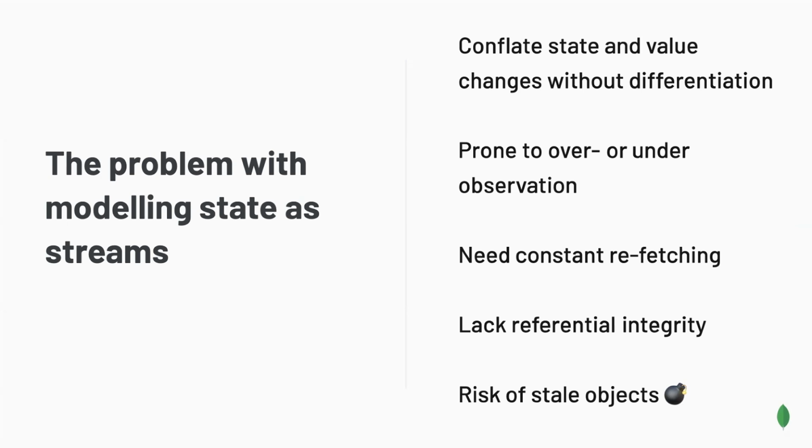If it doesn't have a primary key, then when you go from one version to the next and things have moved around, it's almost impossible. You can try to diff it, but that's a lossy process and might get the wrong one. But the really big one is the risk of stale objects. You might introduce race conditions that cause crashes or just incorrect displays.